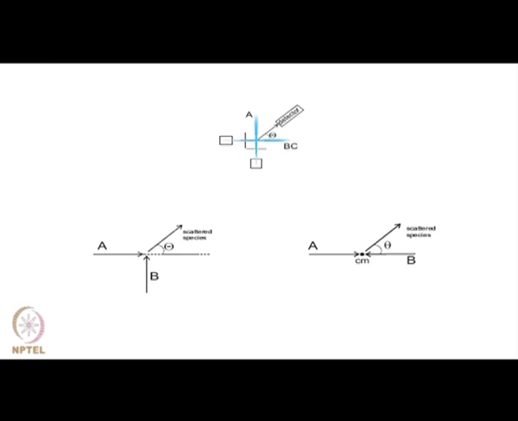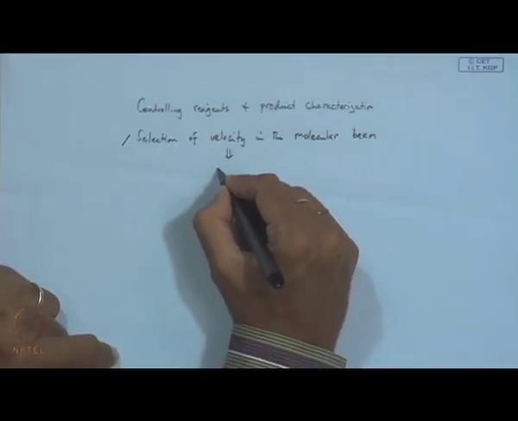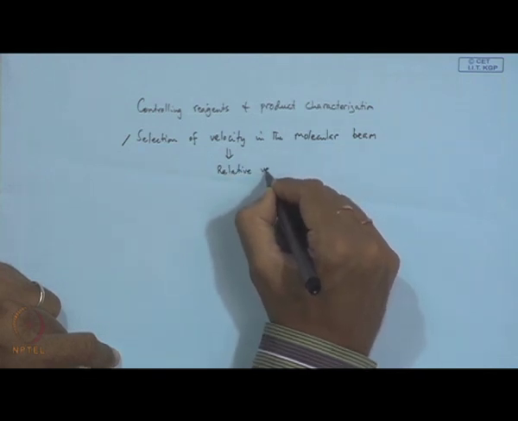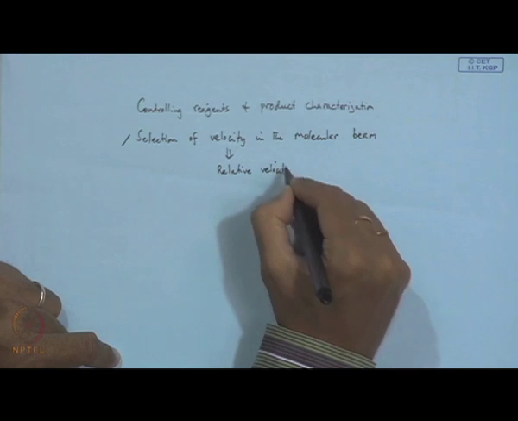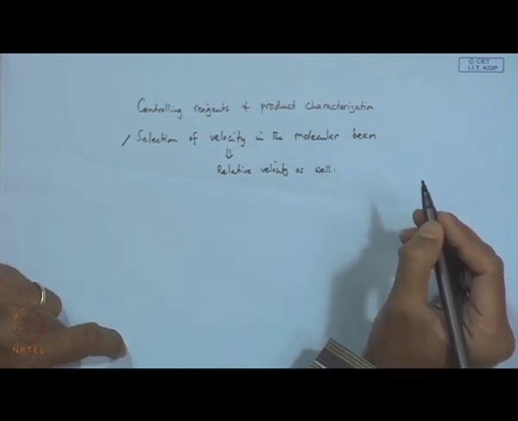Now, the way is like this. One thing is how to select the velocity. This selection of velocity may not be the absolute velocity, but it may be a relative velocity as well.